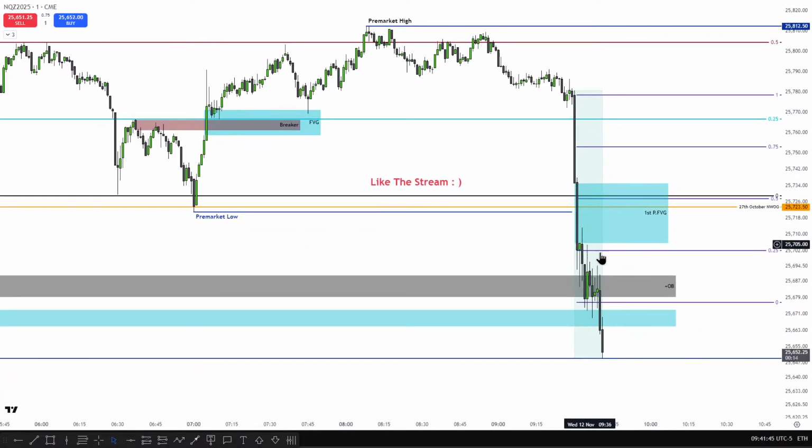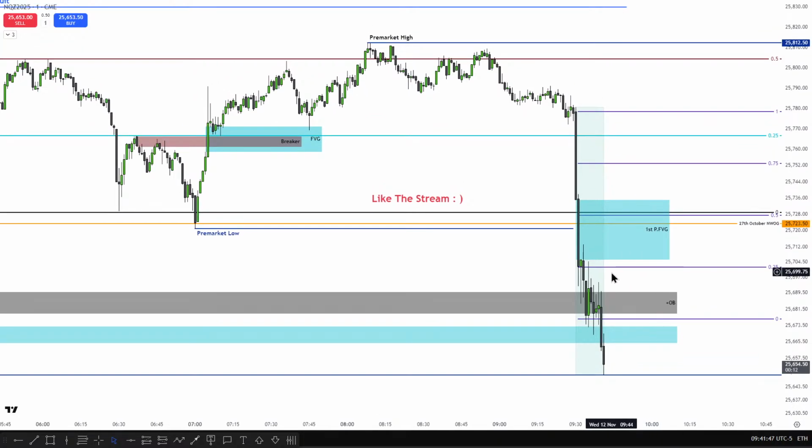I know why you did that, Suvi. Suvi knows how to trade continuations now. I have the order block and the fair value gap marked, but yeah, good. Of course I know. Displaces through the low.